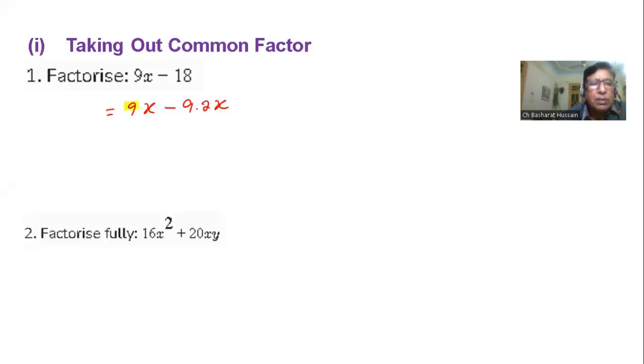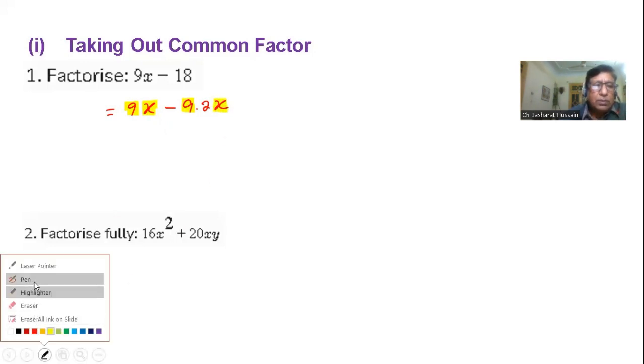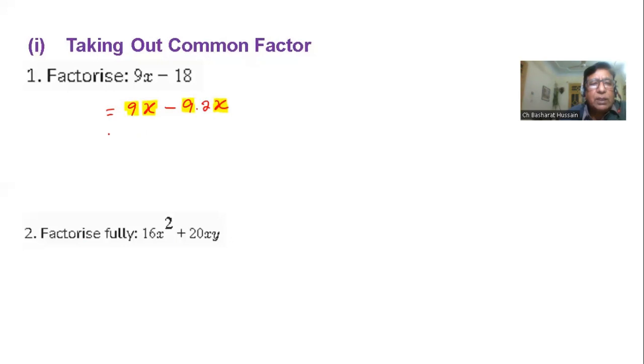Here is a 9, and another factor is also common. What is that? x. So in this expression, we have common factor 9x. Take it out, 9x. What is left over here? Here is 1 when you take out all the terms. So 1 is left. And here, what is left?